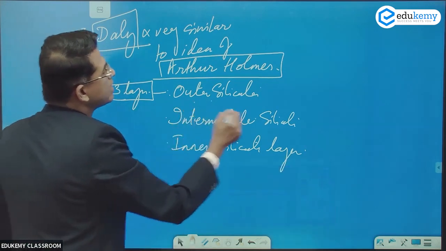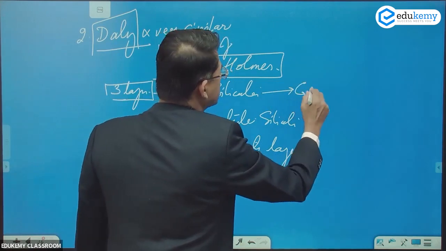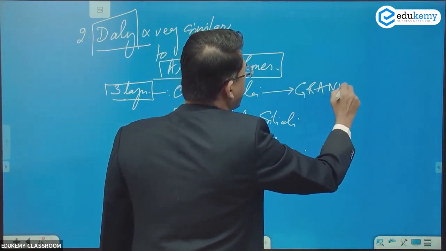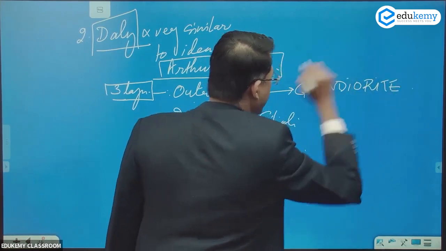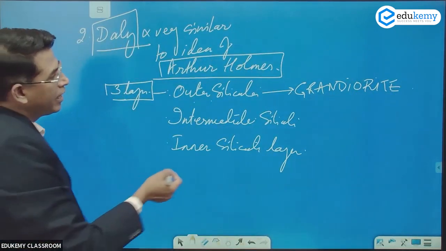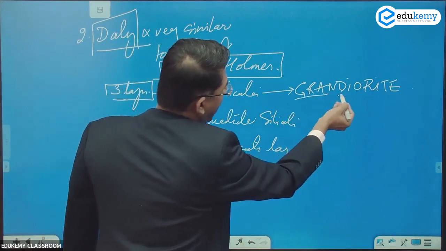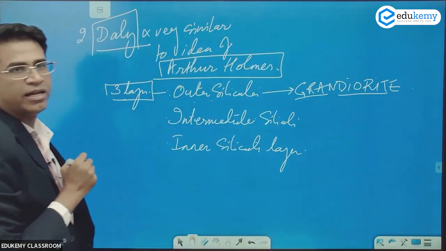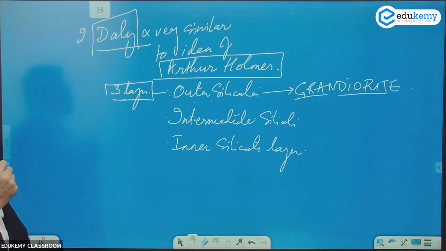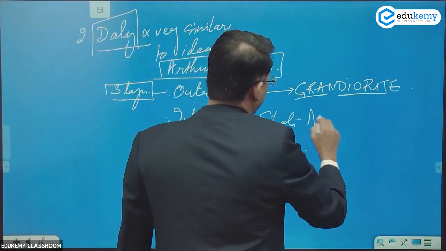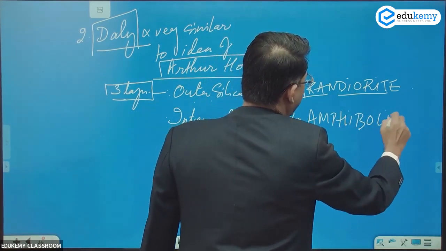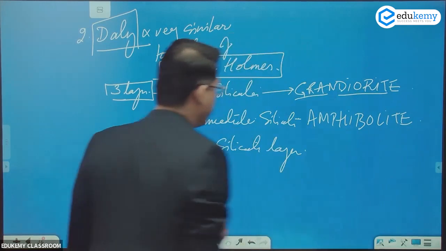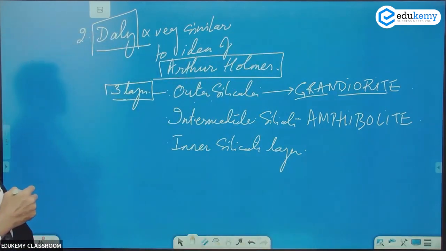Remember two names, that's all: Daly, D-A-L-Y, and Arthur Holmes. The outer silicates they called the granodiorite layer, as in it has granite and diorite. The intermediate silicates, this is the amphibolite layer.